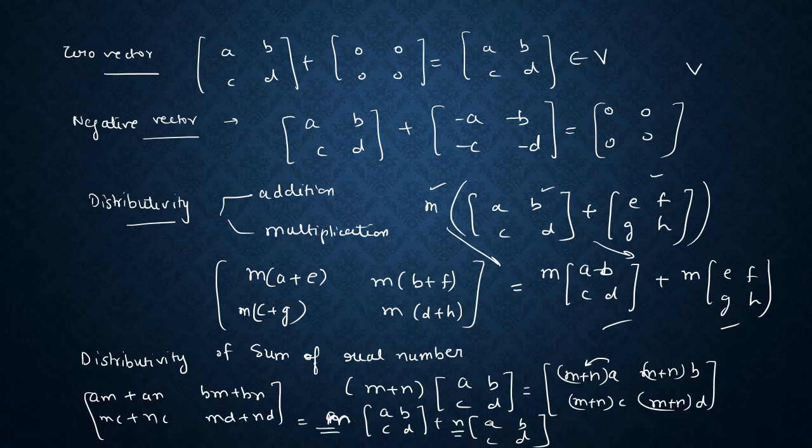And if you talk about the multiplication, just like we do for the identity element, sorry, in that case you have to find one scalar. When you do the multiplication, you should get the same matrix.